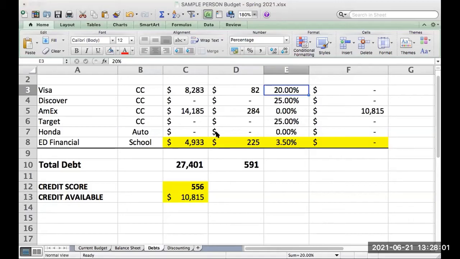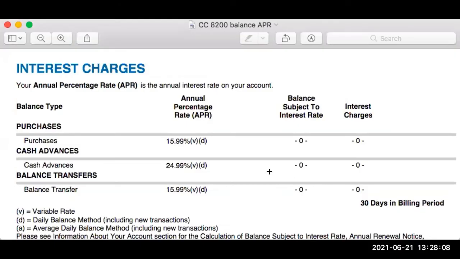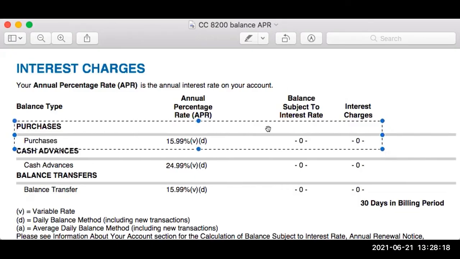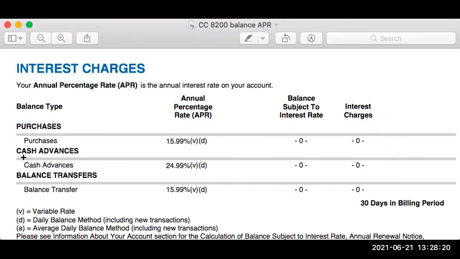This is one of my 10 million criticisms of our current system: it's designed to be confusing. It's designed to have many steps. So right now, purchases are being charged 16% interest. That's what this was. This was a purchase. If you were to take out a cash advance, just like the other one, 25%.